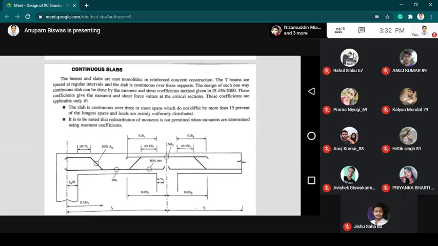That is the criteria for moment redistribution. So for those conditions, these coefficients will not be applicable, and the moments determined will be from the moment coefficients only. These are the criteria for the continuous slab.